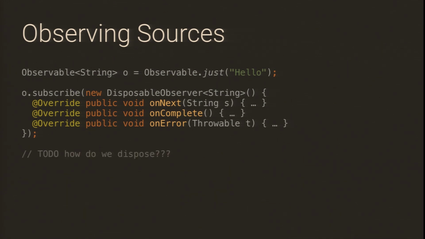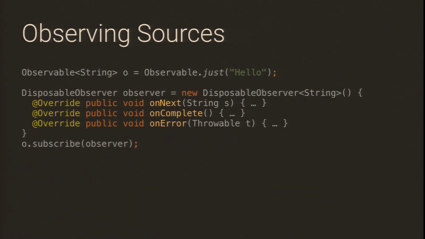But if we're just calling it like this, we still don't have that reference. So you can either just keep track of the observable as your disposable object, and then whenever you're done, you can call dispose on the observable, and then it'll work its way into the disposable that was handed to it, and it'll work its way up the stream and eventually stop the source.